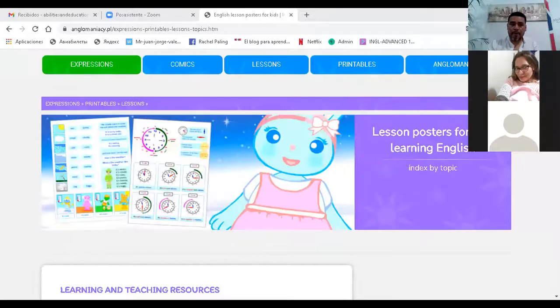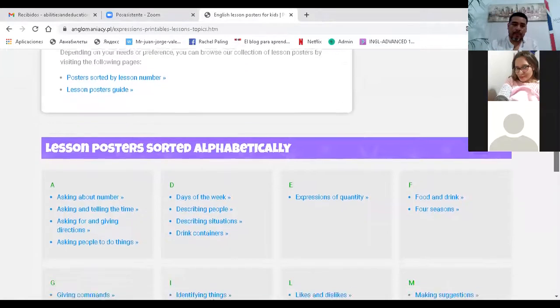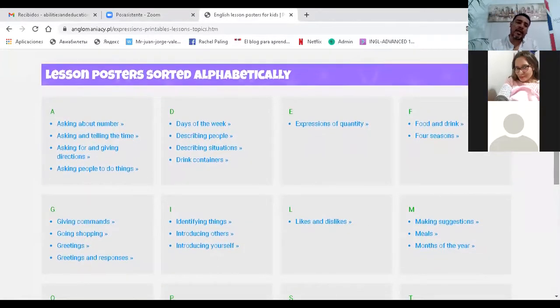Okay, here's another link. Look in the chat box. You can click on it. Posters. We have posters here. Here is a list of posters that are sorted alphabetically.